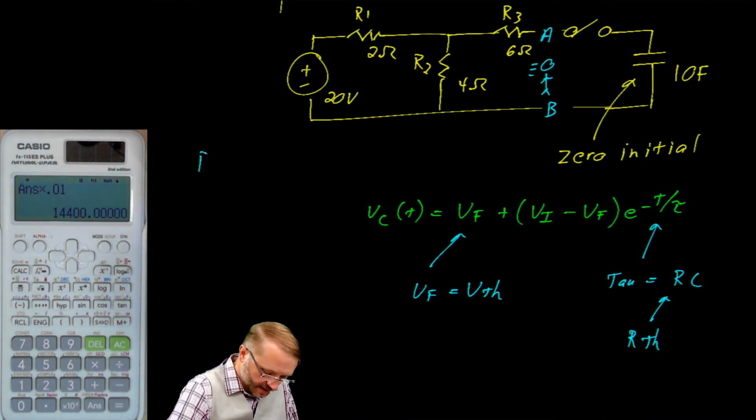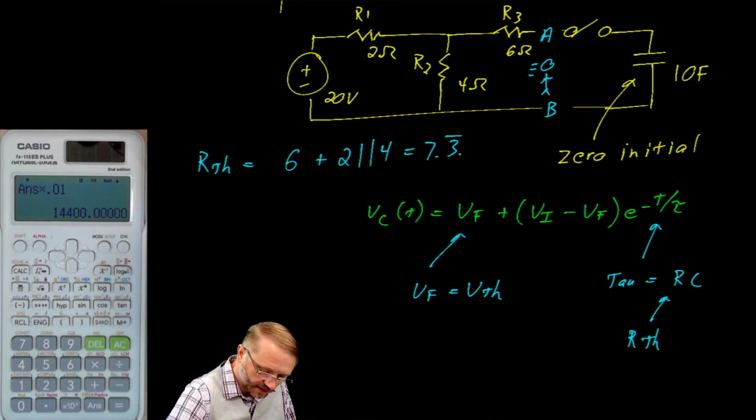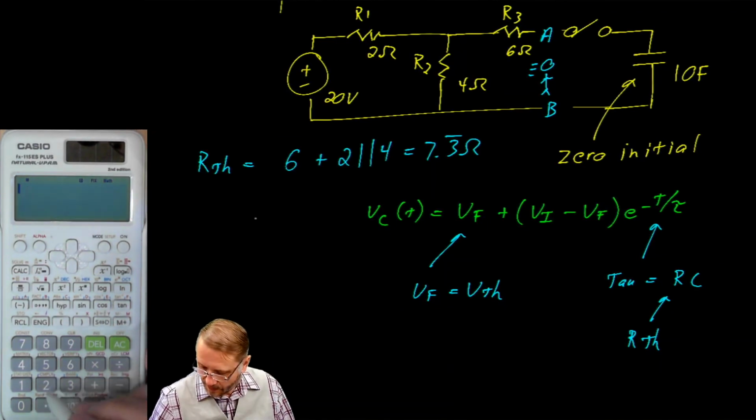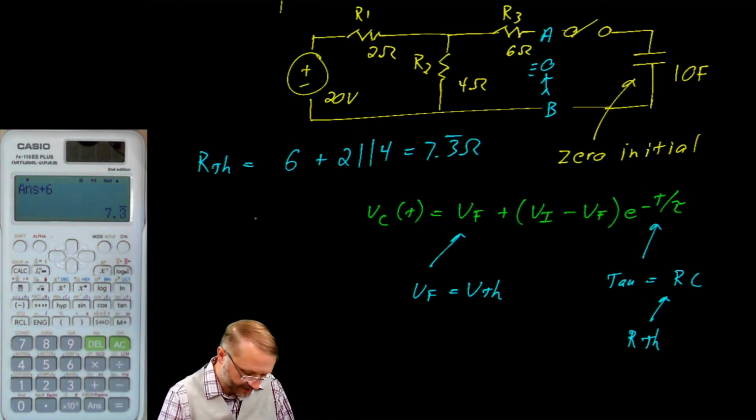We would see R Thévenin as 6 plus 2 in parallel with 4. I believe that's 7.3 ohms. So 2 inverse plus 4 inverse, inverted, plus 6 equals, right? So there's your 7.3.